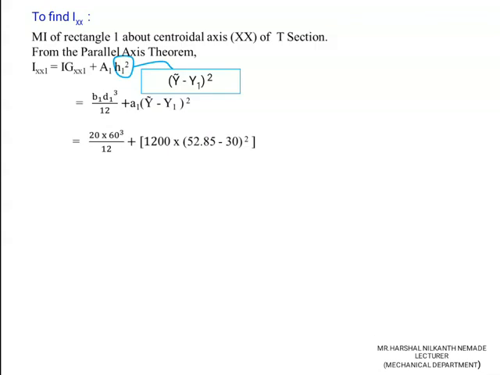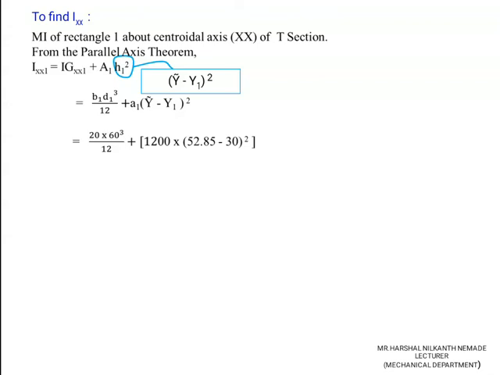To find Ixx, moment of inertia of rectangle section 1 about centroidal axis xx of T section, from the parallel axis theorem, Ixx1 is equal to Igxx1 plus a1 multiplied by h1 square. So h1 is given by y bar minus y1.